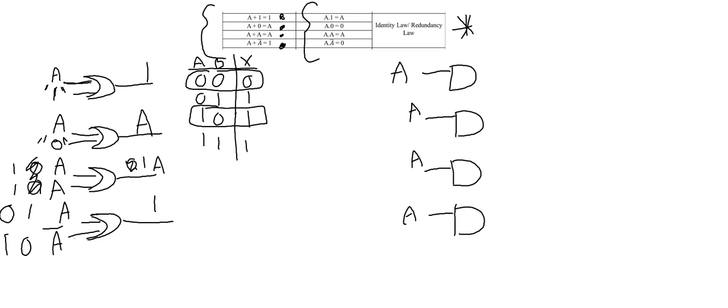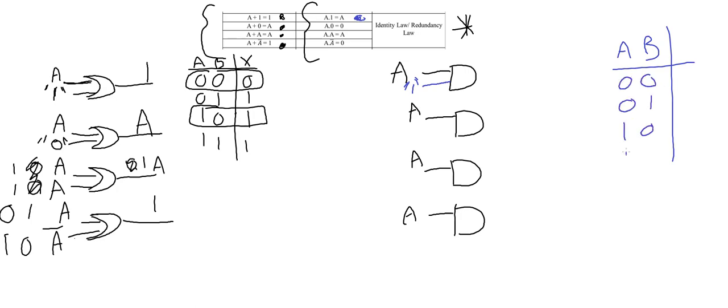Now we're moving on to the right-hand side of this table and the AND gates. So here we have A times 1. So we have A going into an AND gate, and we also have a 1 going into the AND gate. Do you remember the truth table for an AND gate? 0, 0, 0; 0, 1, 0; 1, 0, 0; 1, 1, 1.